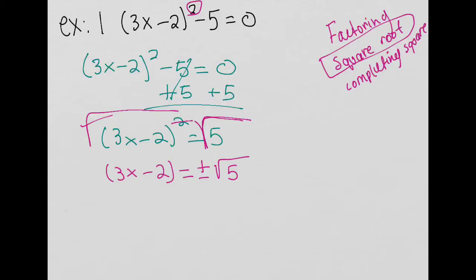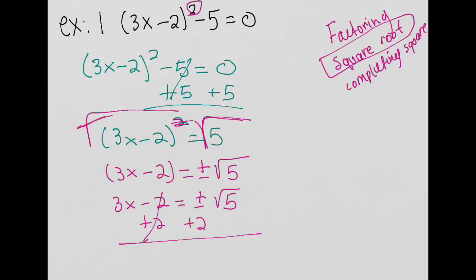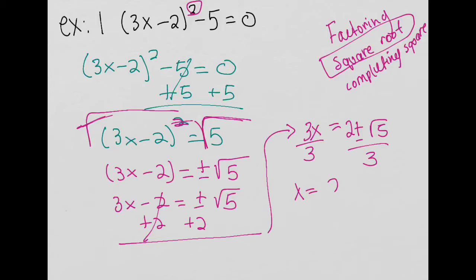Now after I cancel the radical and the square, what's inside the parentheses comes out. So I'm going to add 2 to both sides. So then I have 3x equals 2 plus and minus square root of 5. Divide by 3.